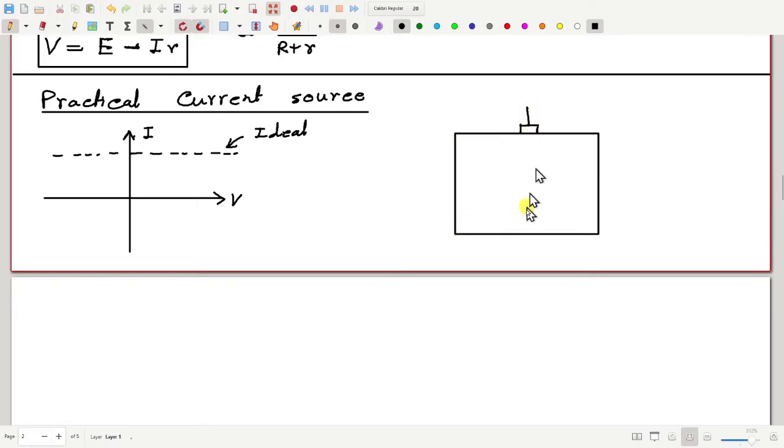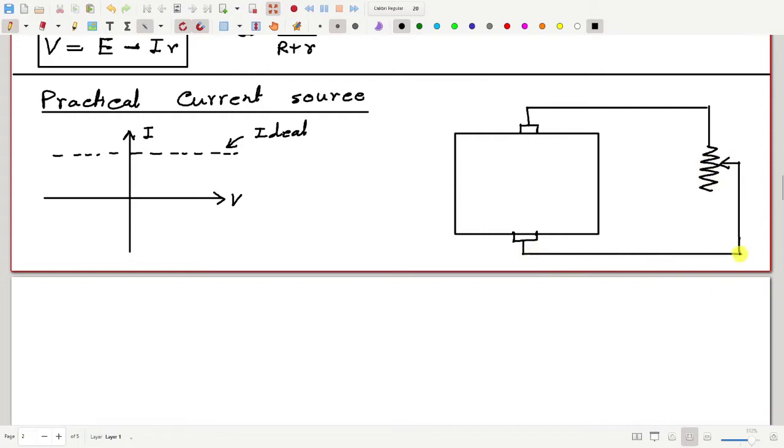It has two terminals, and we can connect again a variable resistor or a rheostat. If R increases, then the terminal voltage will also change, and we can take an ammeter to measure the current that flows for different values of capital R, the external resistance.